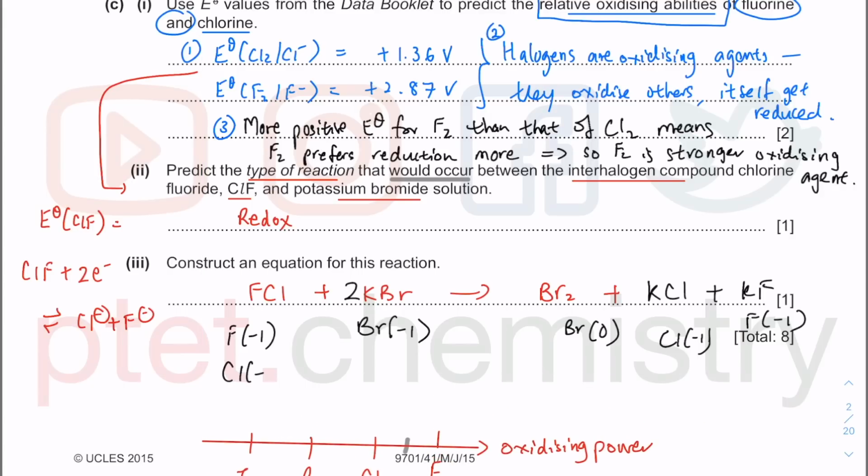So going from chlorine plus 1 to chlorine minus 1, you can imagine that as the reduction, and this is your oxidation reaction there. Let me see if that is alright. Yeah, that's probably the best I can do in terms of the information given. Okay, so that's it really for these 8-mark questions on quite a lot of AS halogen chemistry, but also quite a bit of A2 electrochemistry.